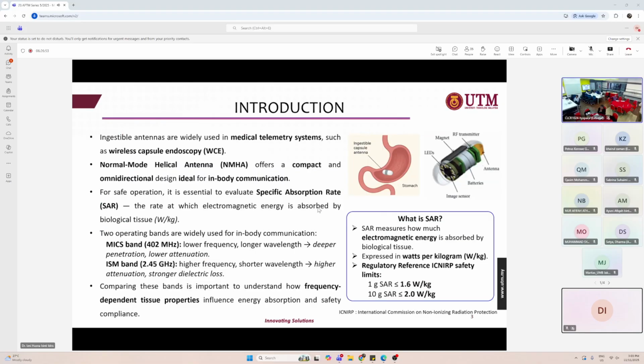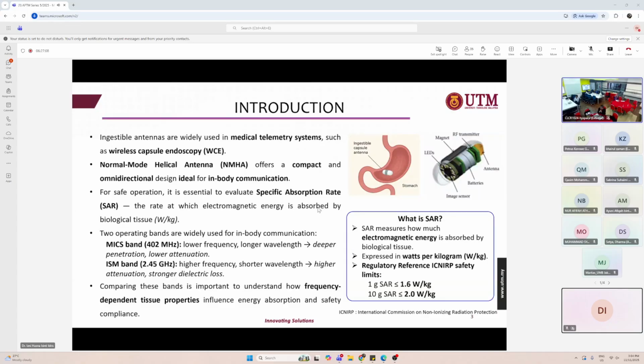We know that ingestible antennas are currently widely used in medical telemetry. One example of an ingestible antenna is the wireless capsule endoscopy, which is WCE.